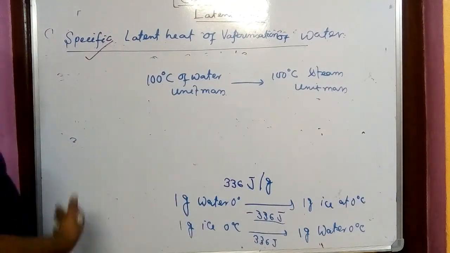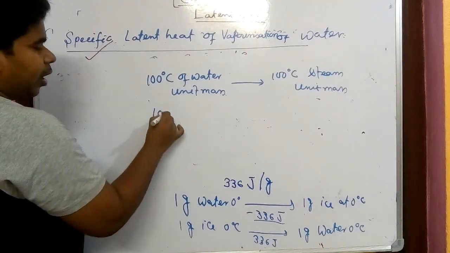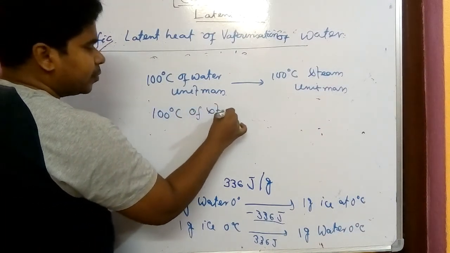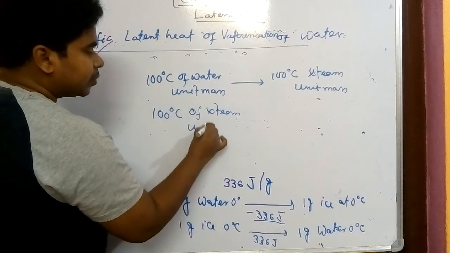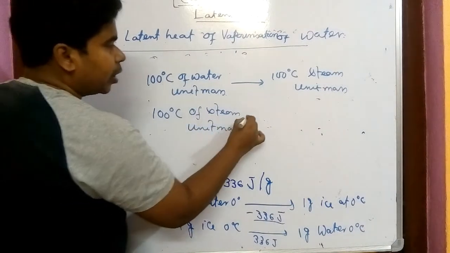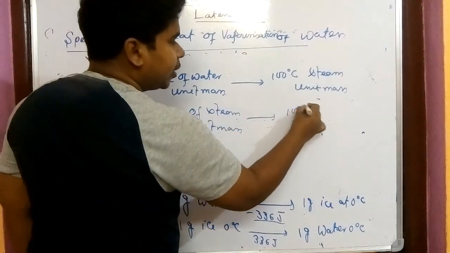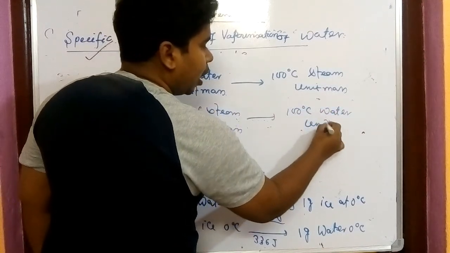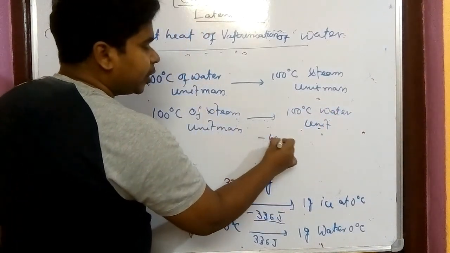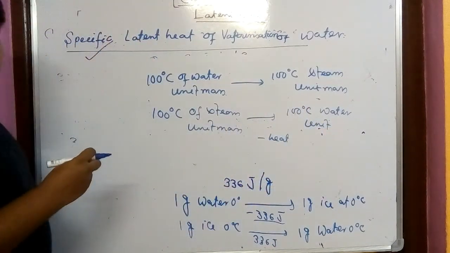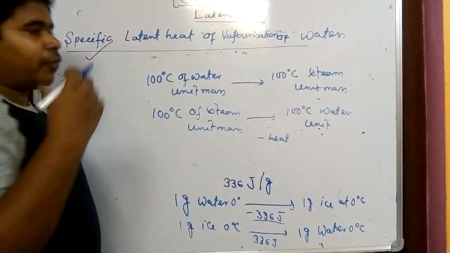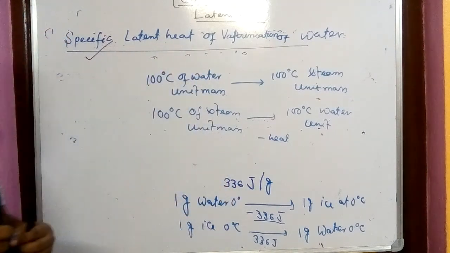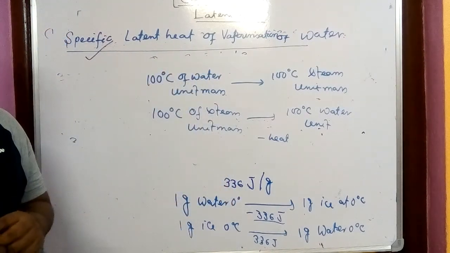Or in another way you can say, for 100 degree centigrade steam of unit mass to convert into 100 degree centigrade water of unit mass, how much extra heat energy you have to take out, or liberate from it, that is also known as specific latent heat of vaporization of water.